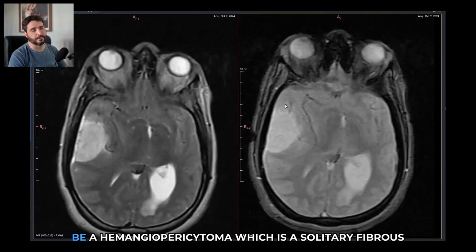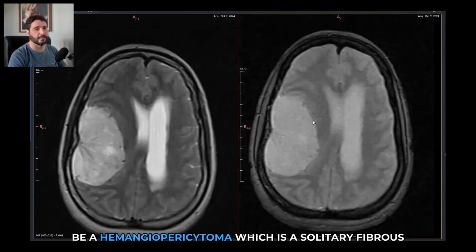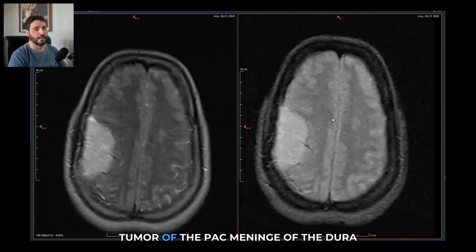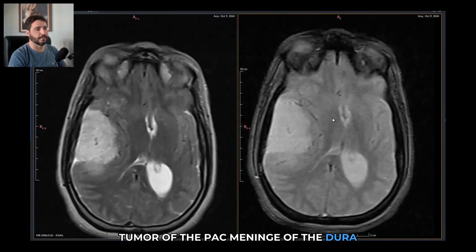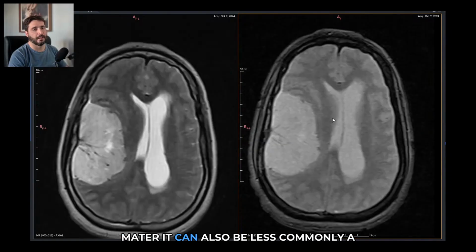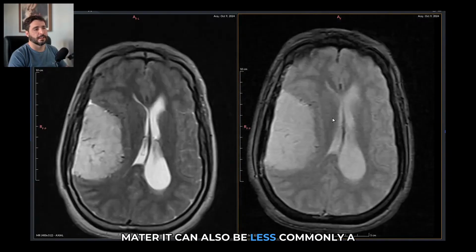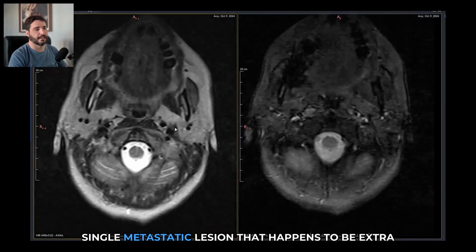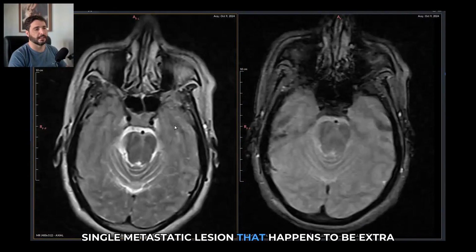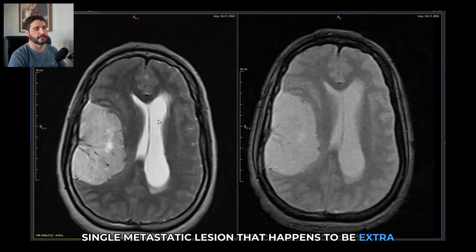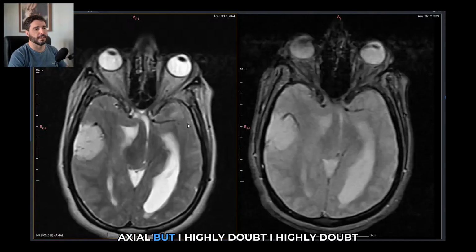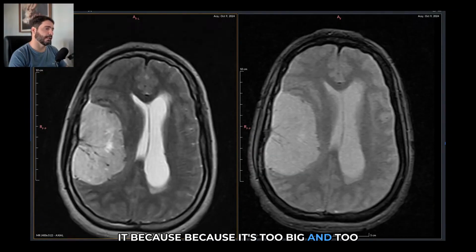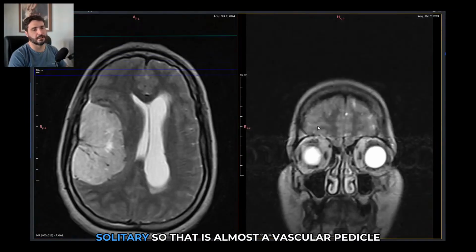It could also be a hemangiopericytoma, which is a solitary fibrous tumor of the pachymeninges, of the dura mater. It can also be, less commonly, a single metastatic lesion that happens to be extra-axial, but I highly doubt it because it's too big and too solitary.